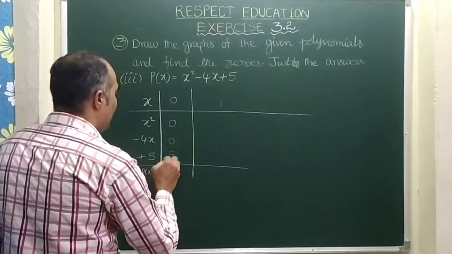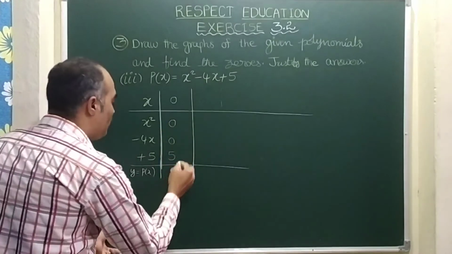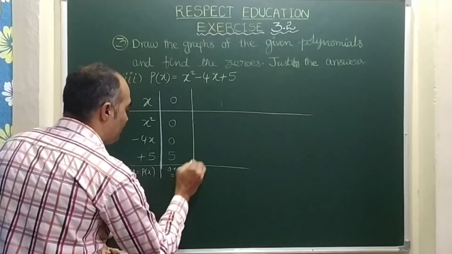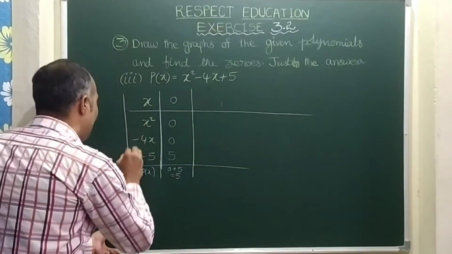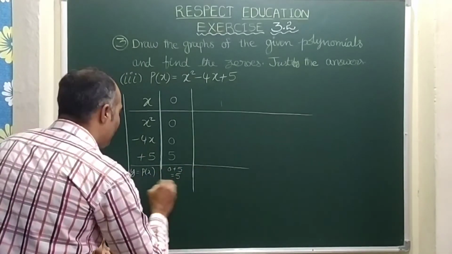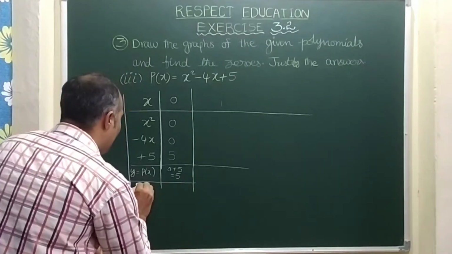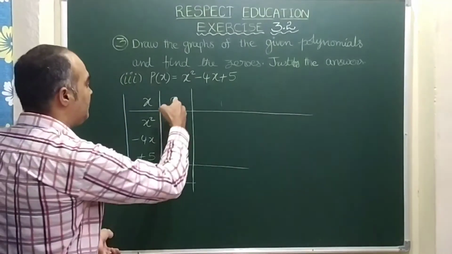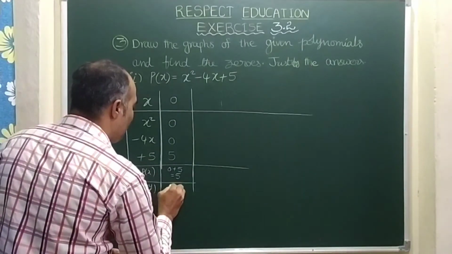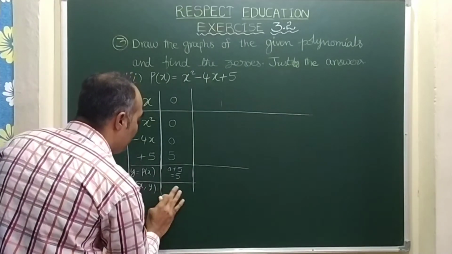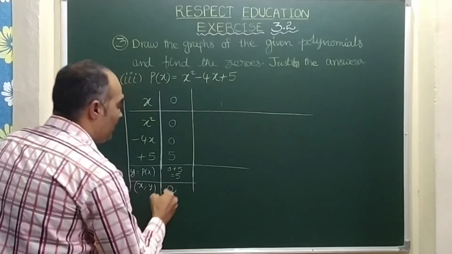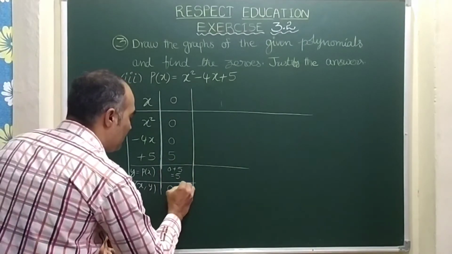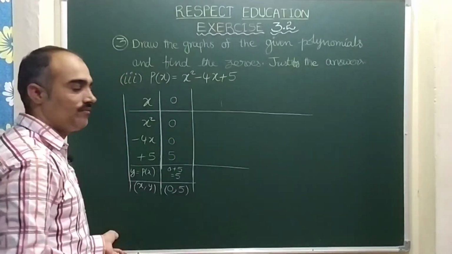So 0 plus 0 is 0, 0 plus 5 is 5. Now let us write the ordered pair also. The ordered pair is x comma y. The x value is the top row, that is 0, and the y value is the last row, that is 5. So the first point is 0 comma 5.